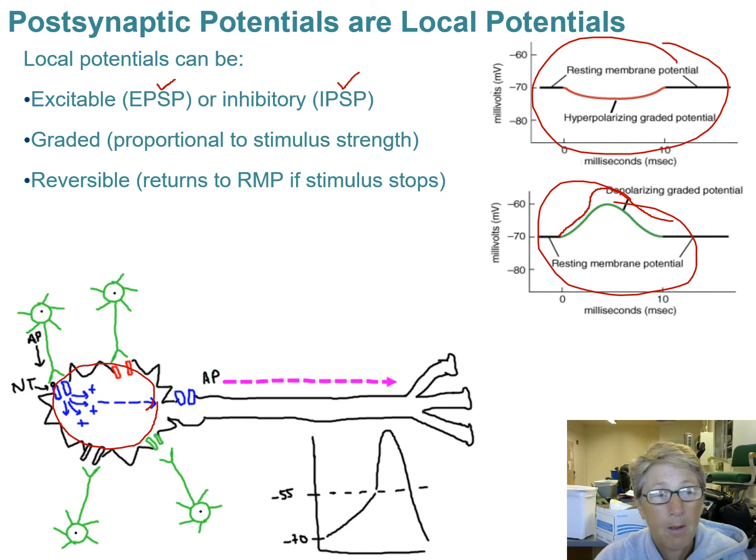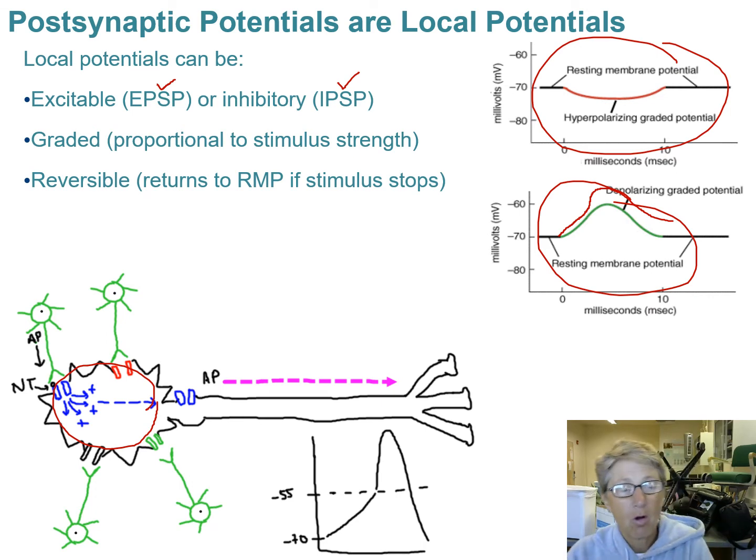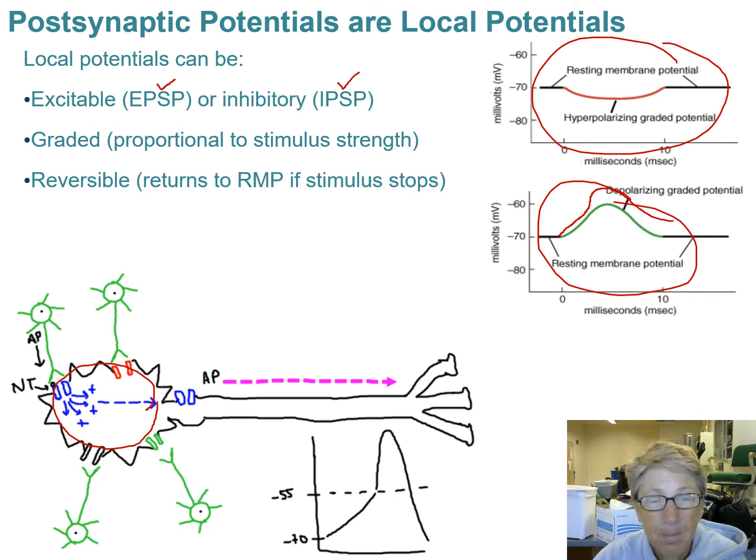So graded local potentials are proportional to the stimulus strength, and local potentials are also reversible. If the neurotransmitter is gone, that means the stimulus stops, and you'll go back to resting membrane potential, which is minus 70 in both cases of these graphs.